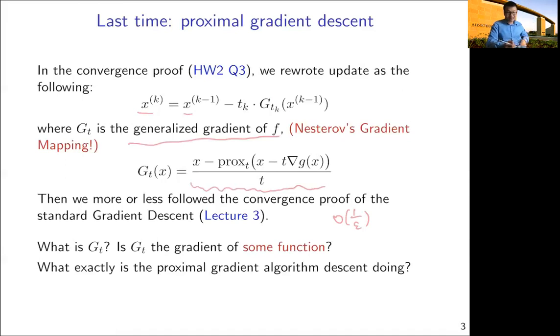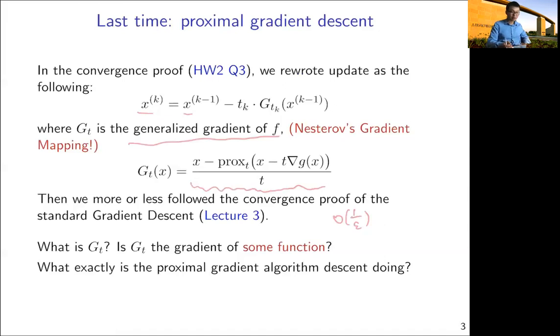Even after you have worked it out, it may appear pretty mysterious. Why is that the case? How is it that if you define this tricky generalized gradient in this way, then it naturally works for solving the composite optimization problem?